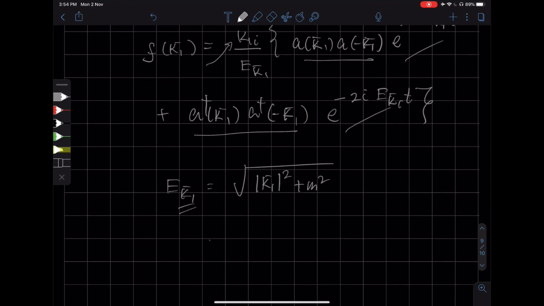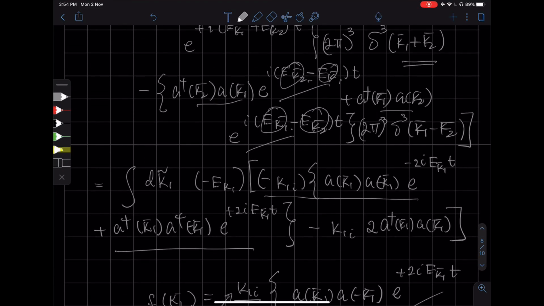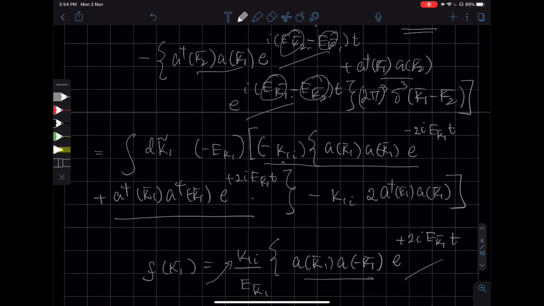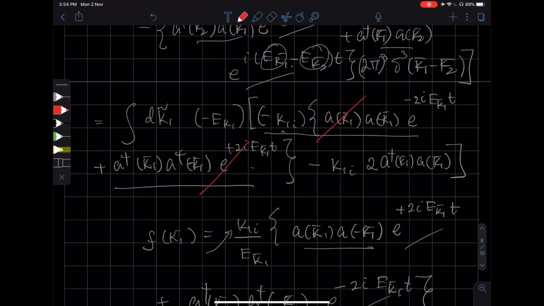And therefore, if I replace k1 by minus k1, we are going to pick up a minus sign. And therefore, the integrand of these first two integrals is odd, and therefore they are going to integrate to 0 because our limit is from minus infinity to plus infinity.